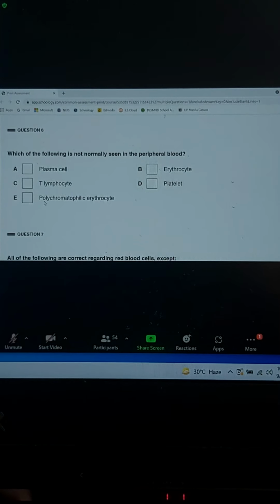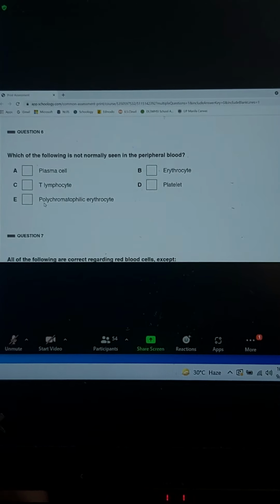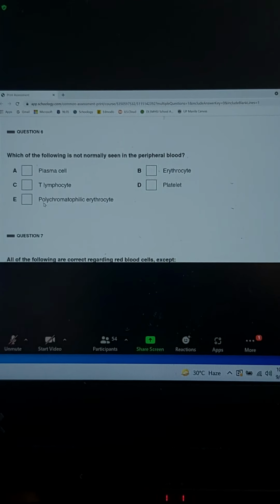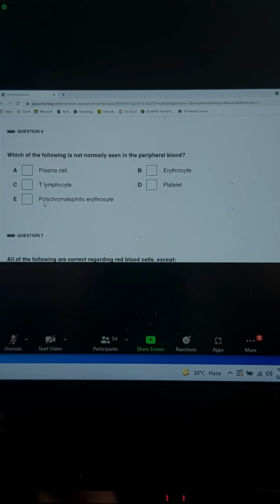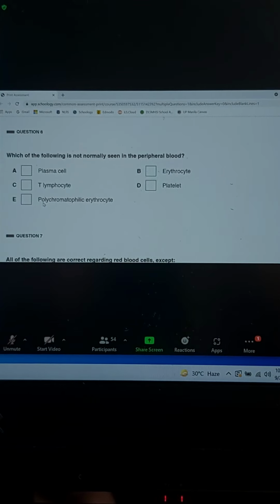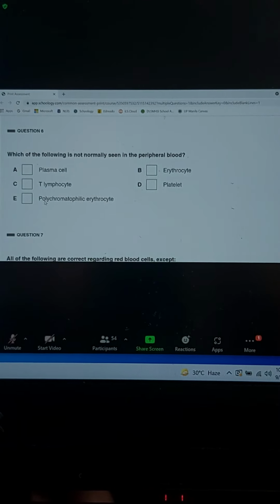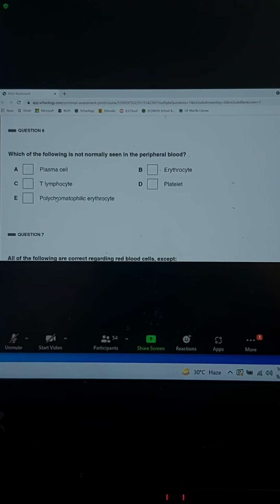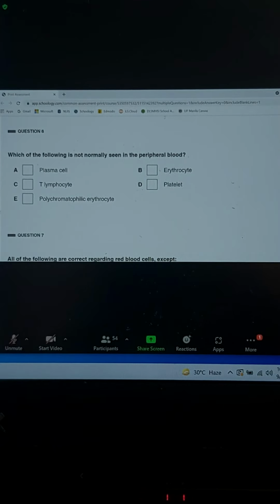So ang reticulocyte natin, normally, every day, meron tayong mga reticulocyte na nagsisirculate, di ba? Normally, they will just stay in the blood for 1 day, and then magiging mature erythrocyte na sila. But of course, everyday may napoproduce na red blood cells, di ba? So everyday meron tayong retics sa circulation. So letter E is incorrect.